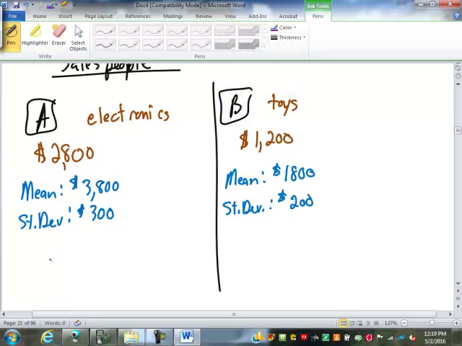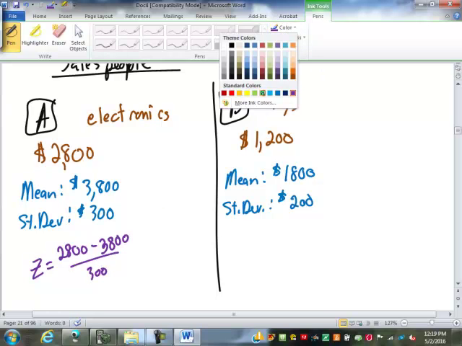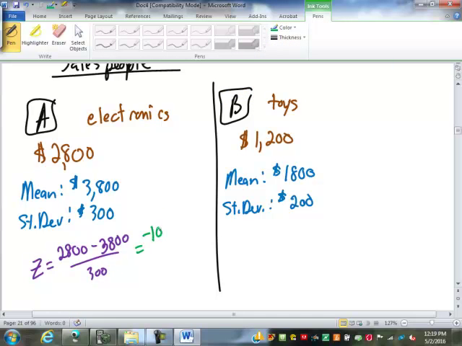Let's find z-scores. So the z-score here is 2,800 minus 3,800 over 300. 2,800 minus 3,800 is a negative 1,000, divided by 300 is a negative 3.33. Now the negative is telling us that they are below the mean. So they are 3.33 standard deviations below the mean.